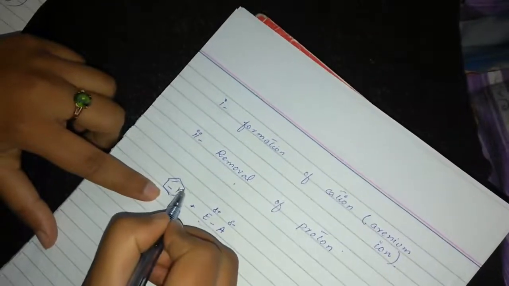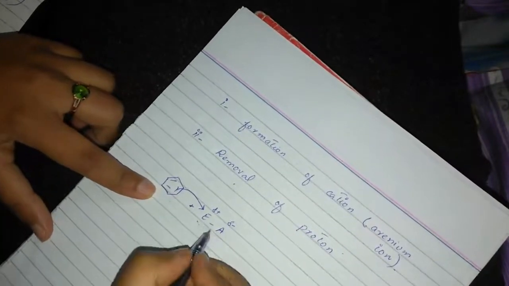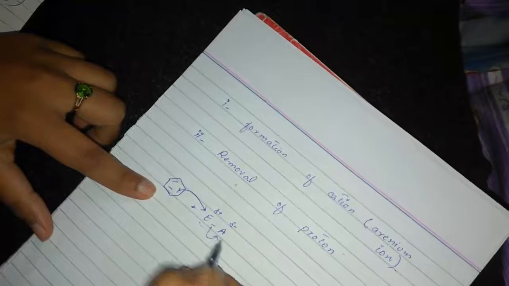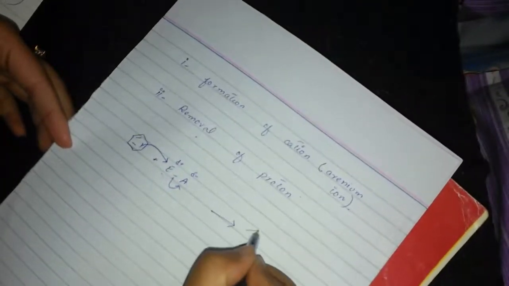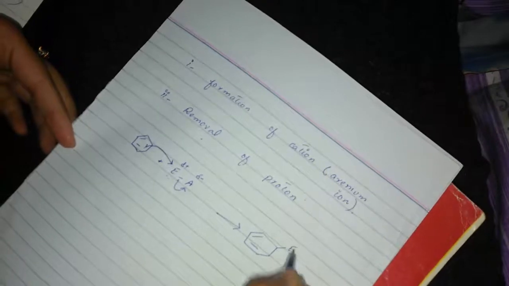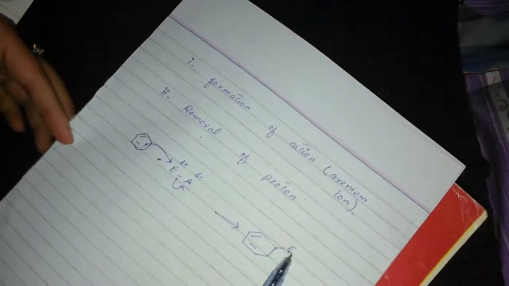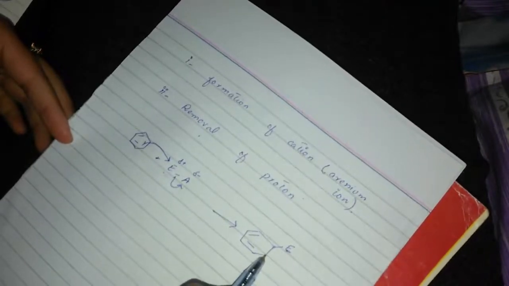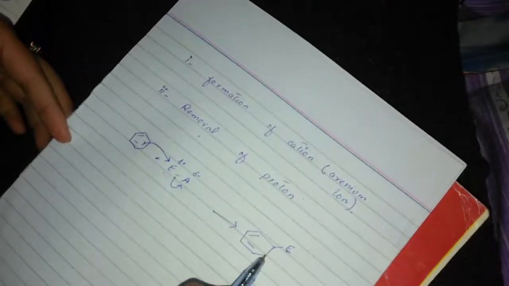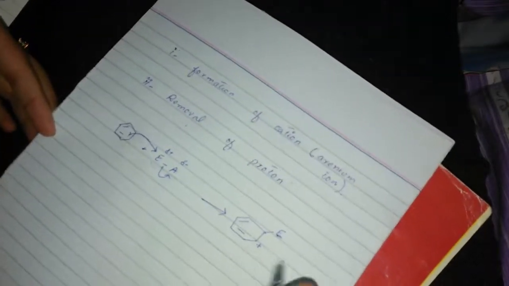These pi electrons will attack the partial positive charge, and this group will then leave. At once the electrophile will attach to this carbon, but on the other carbon its valence is not filled, so a positive charge will come over here.